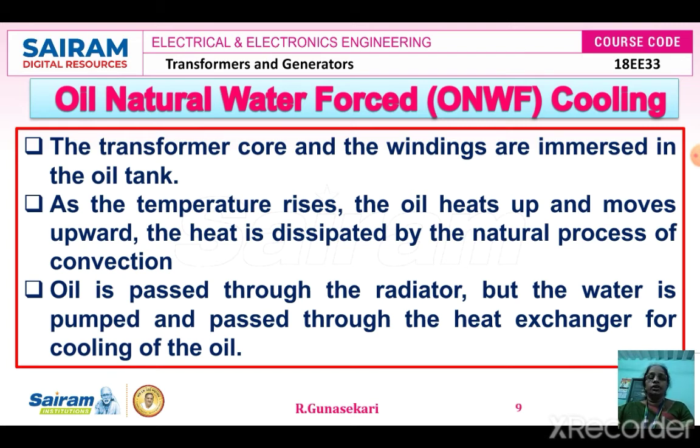The heated oil moves upward and the heat dissipation happens by the natural convection process. The oil is passed through the radiator, but the water is pumped and passed through the heat exchanger for cooling the oil.